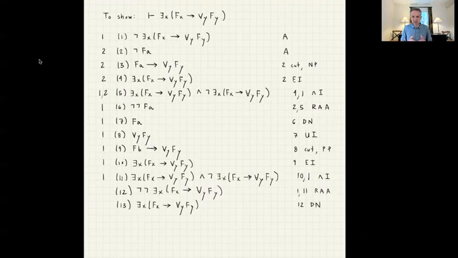Those specific conditions basically correspond to the conclusion not containing the name that you arbitrarily chose as an instance of the existential, nor did you bring in any other information about that name along the way. So the only information you used was the fact that that thing was an instance of the existential statement.